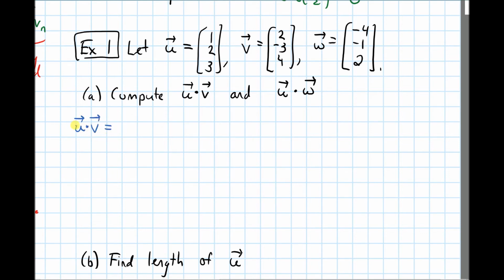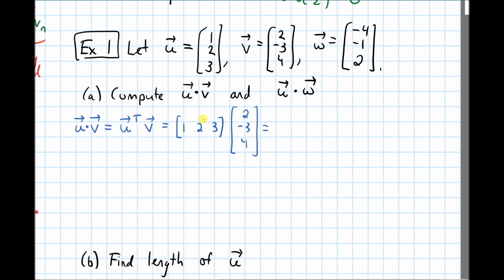I'm really going to practice using my notation for u dotted with v and that transpose notation. So this is u transpose times v, and u transpose is 1, 2, 3. So this column has turned into a row, and then times the vector v, so 2, negative 3, 4.